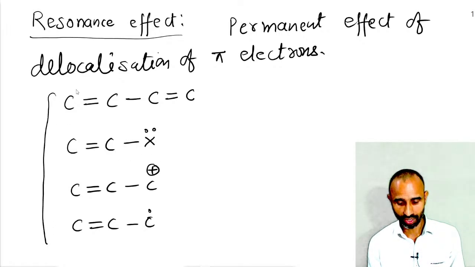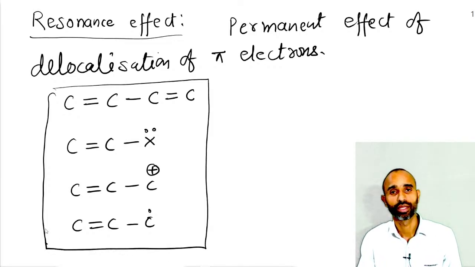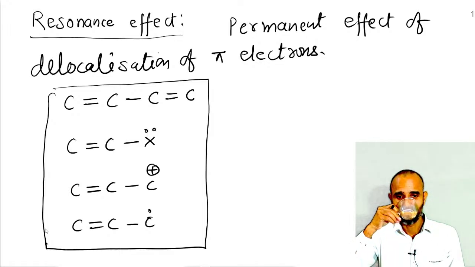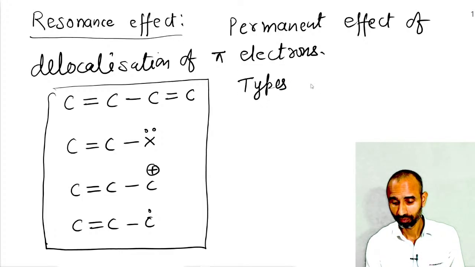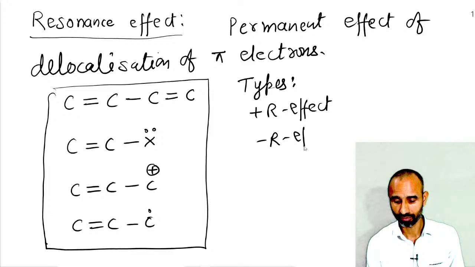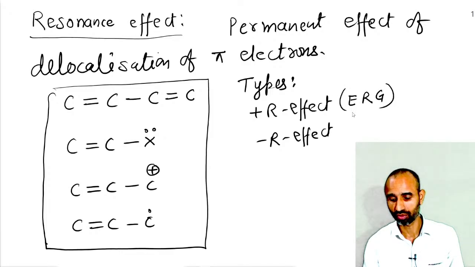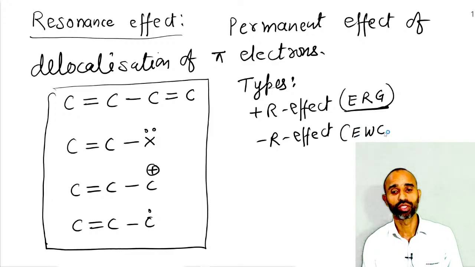So in these cases resonance effect takes place. It is also of two types: plus R effect and minus R effect. On the same line, plus R means electron releasing groups, and electron withdrawing groups will show minus R.